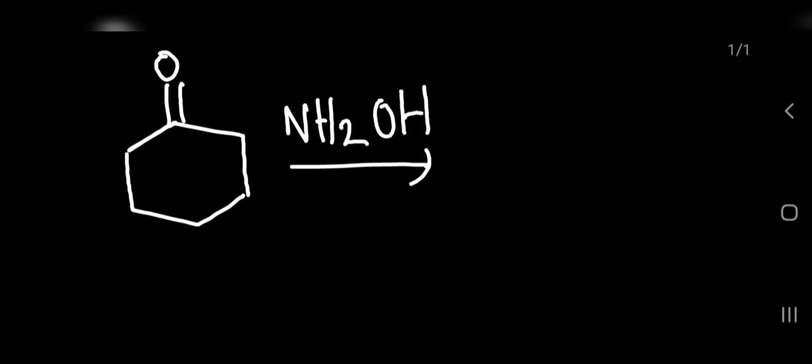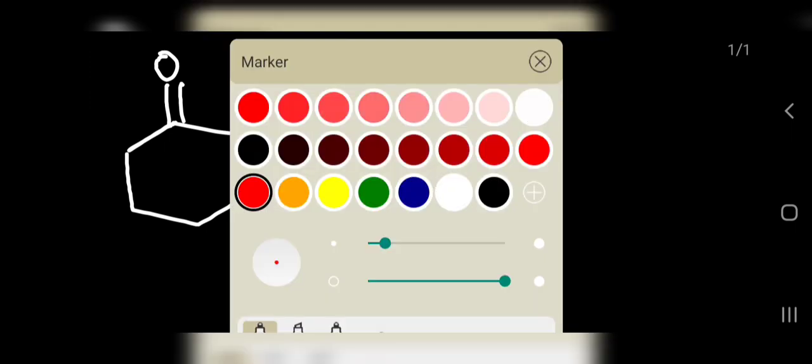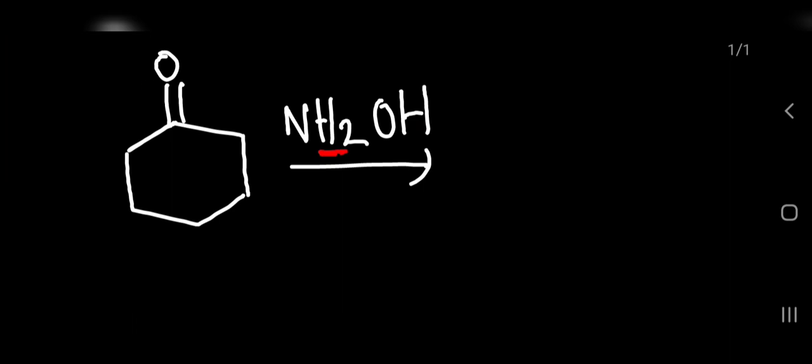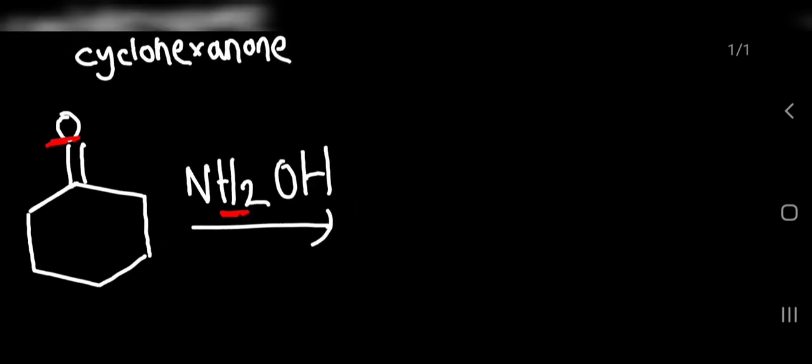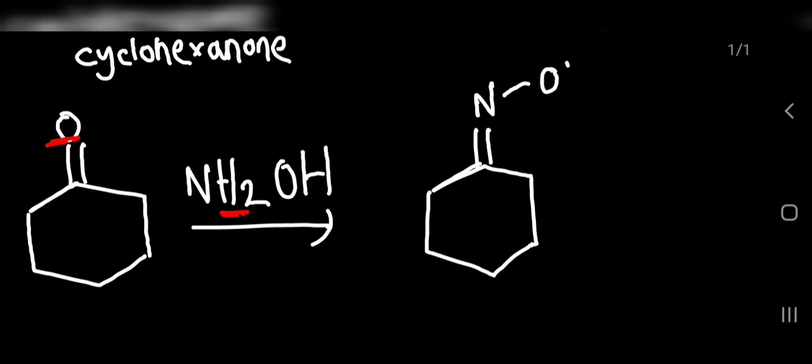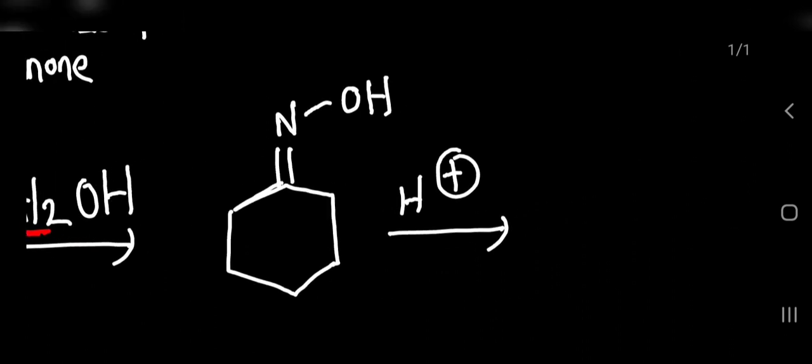So, what will be the first step? This H2 and this water will be eliminated over here, and we will get the oxime. The first step is that we will get the oxime over here. After the formation of the oxime, what will be the next step? The acid that is given will protonate this lone pair on the oxygen atom due to the alpha effect.